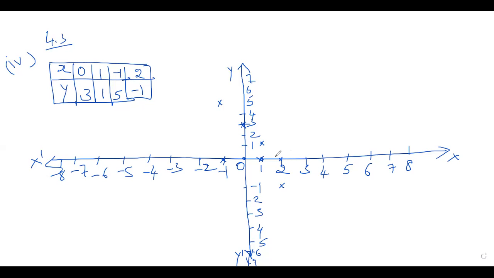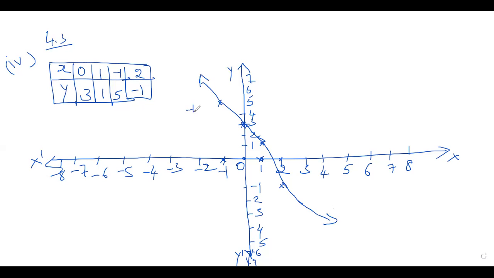Yes, children. Now we have to draw a straight line, join the points. So use a scale and pencil, children. You will get a straight line. You can extend the line, no problem.